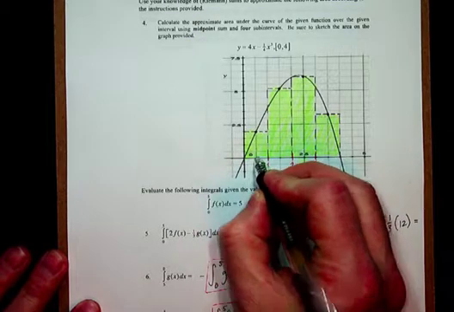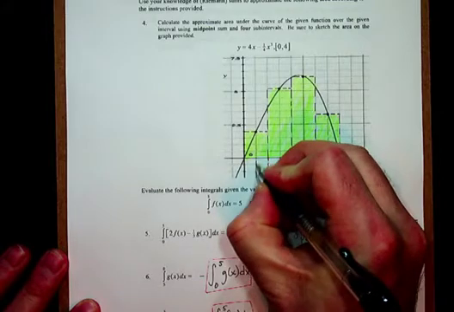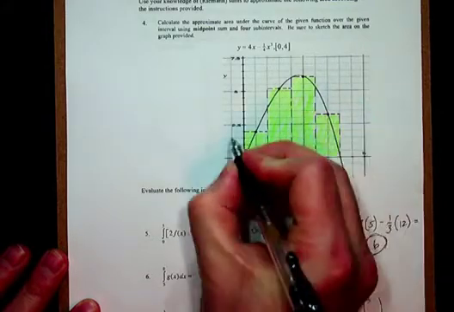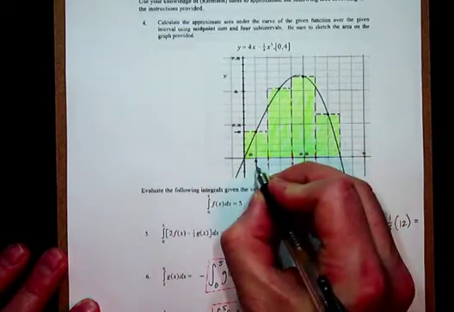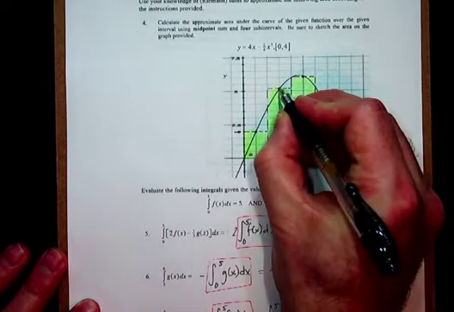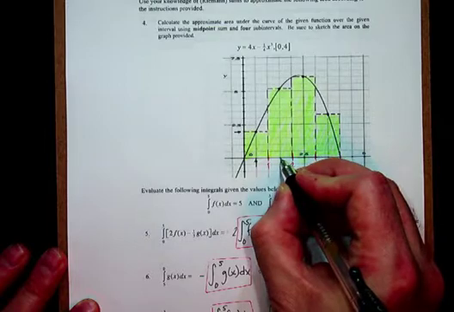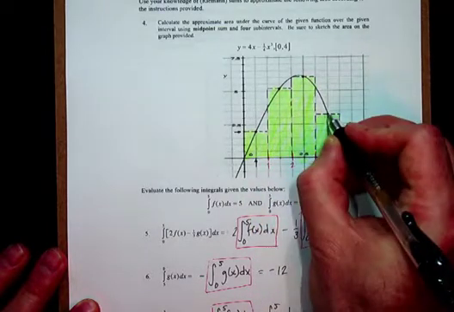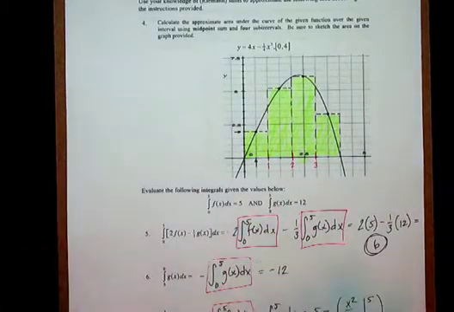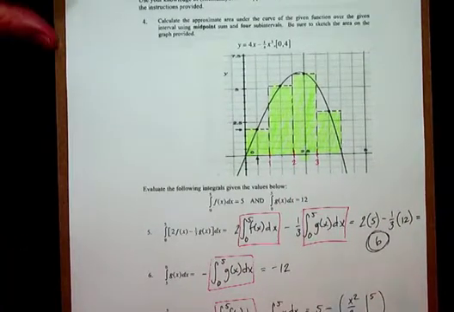We basically need to evaluate right here. This value is, of course, f of 1/2. This value is f of 3/2. This y value is f of 5/2, and this value is f of 7/2. Now, the width of all of these is a common width.